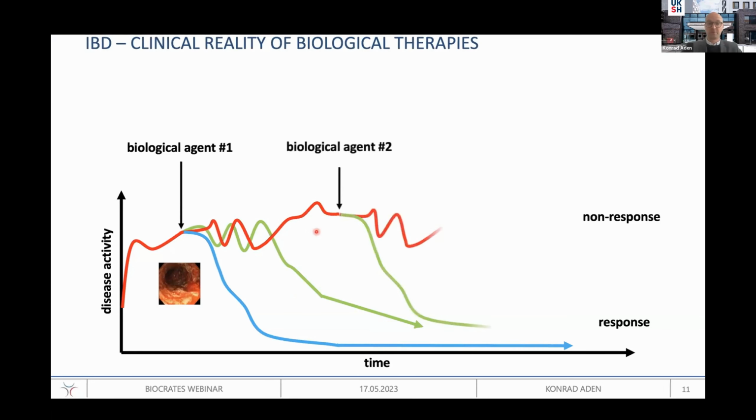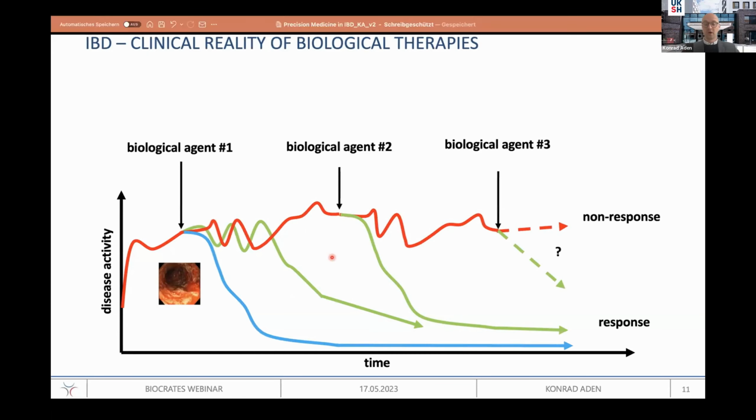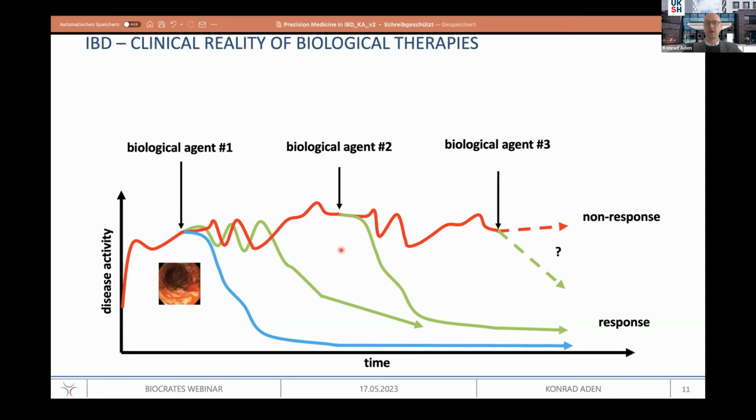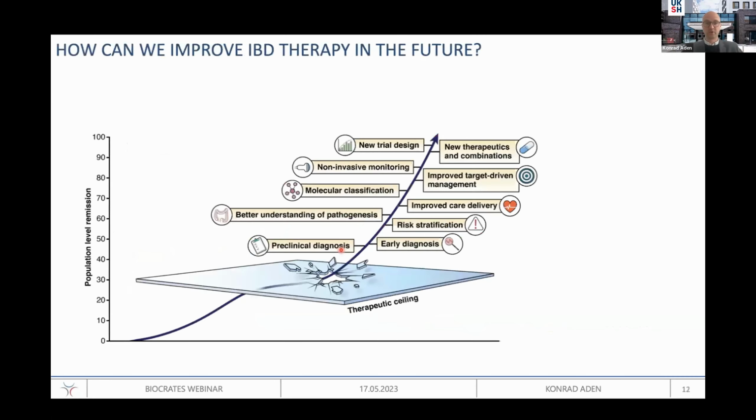Upon the failure of the first biologic agent, we have the second biologic agent or the third biologic agent. So we have a high recycling of biologic agents, aiming to target the correct pathophysiological pathway, which then ultimately would lead to therapy response.